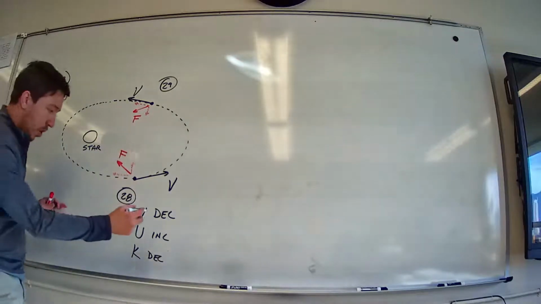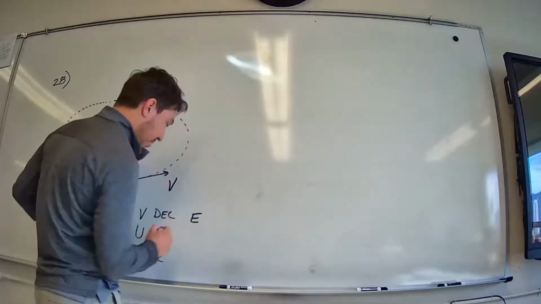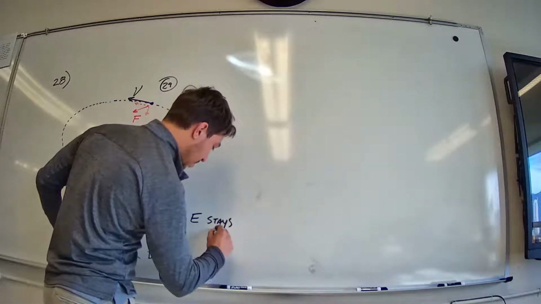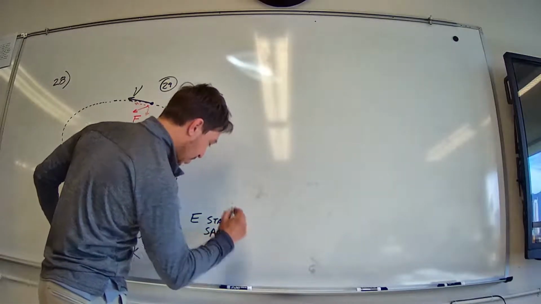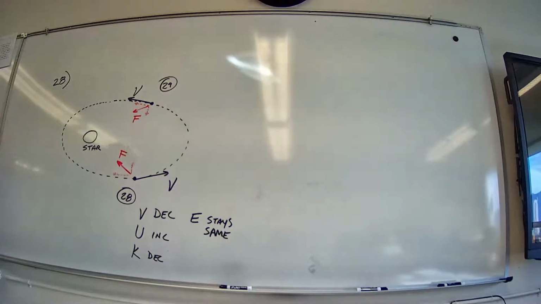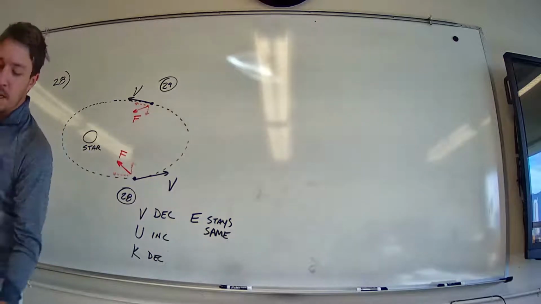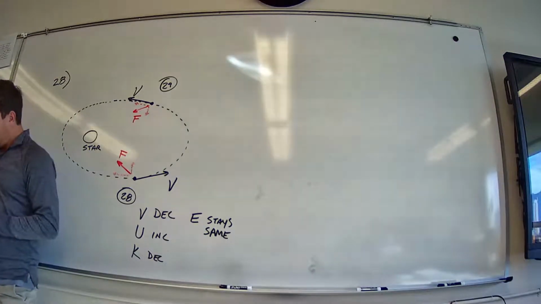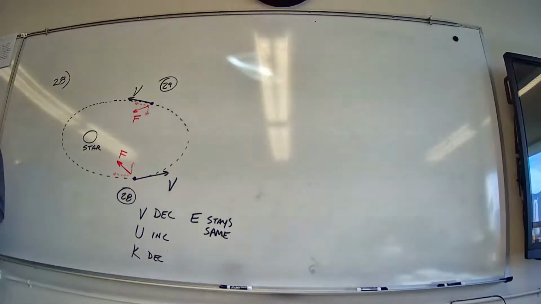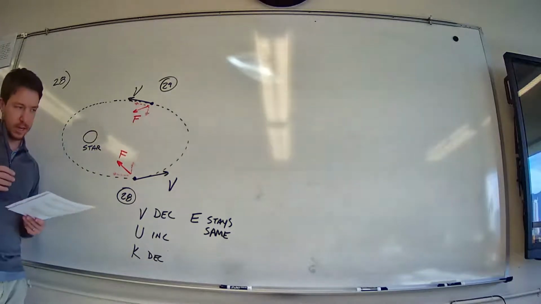And then of course the total energy is doing what? Stays the same. We all comfortable with that? Okay, so 29 should be fairly obvious. It's just the reverse of that. Let's look at 30.